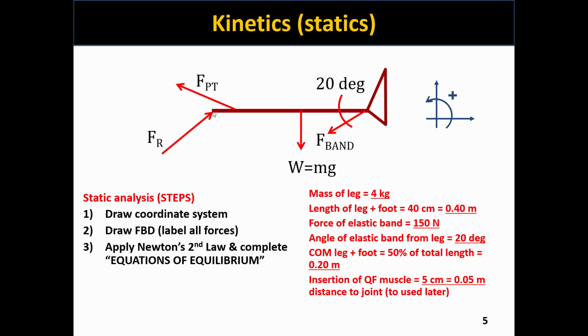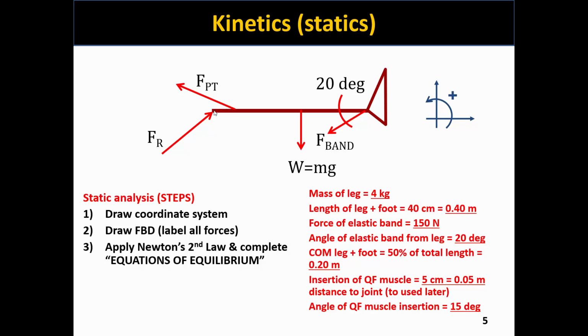So even though it's not very far from the joint, it's now in a position where it can create a rotation about the joint. And it's also important to note that the angle of insertion is 15 degrees.